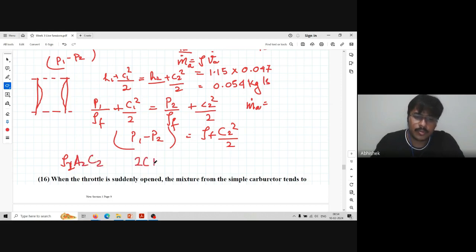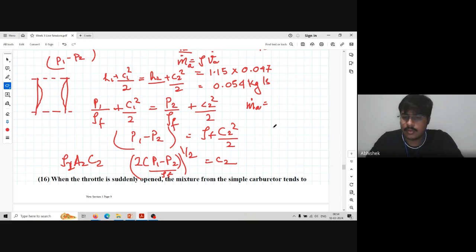So 2 into (P1 minus P2) by rho F, to the power 1/2, is equal to C2. Now just multiply rho 2 and A2, and let us say this thing is 5, into 5 is equal to m dot, which we have as 0.054.